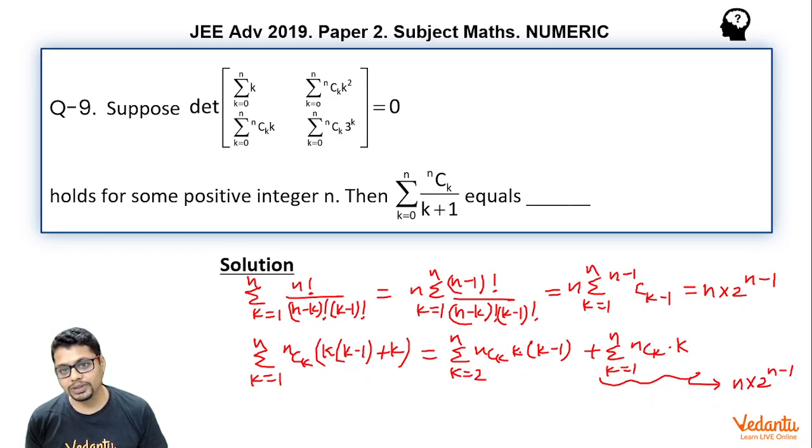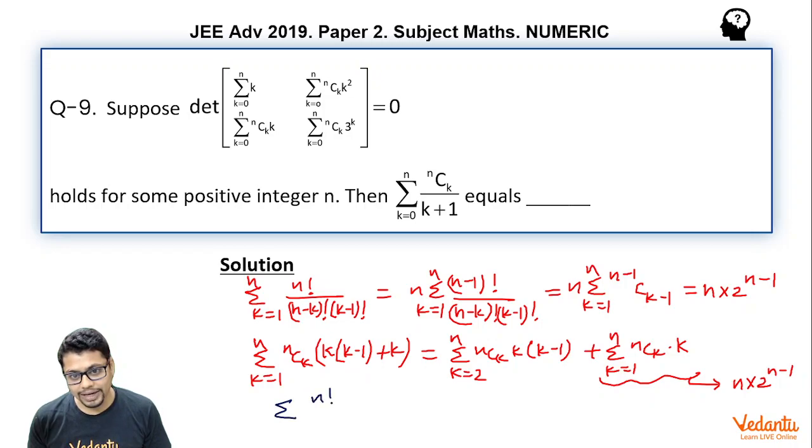And what about this? Again, by a similar trick we may do it like this. I can write sigma n factorial divided by n minus k factorial, and k factorial would come, but when k factorial is cancelled against k minus 1 which is coming in the numerator, it essentially becomes k minus 2 factorial.